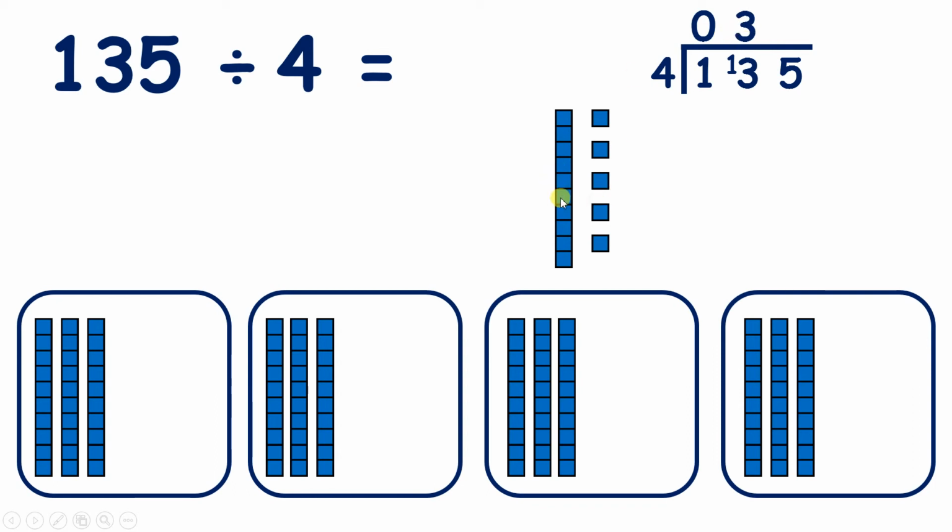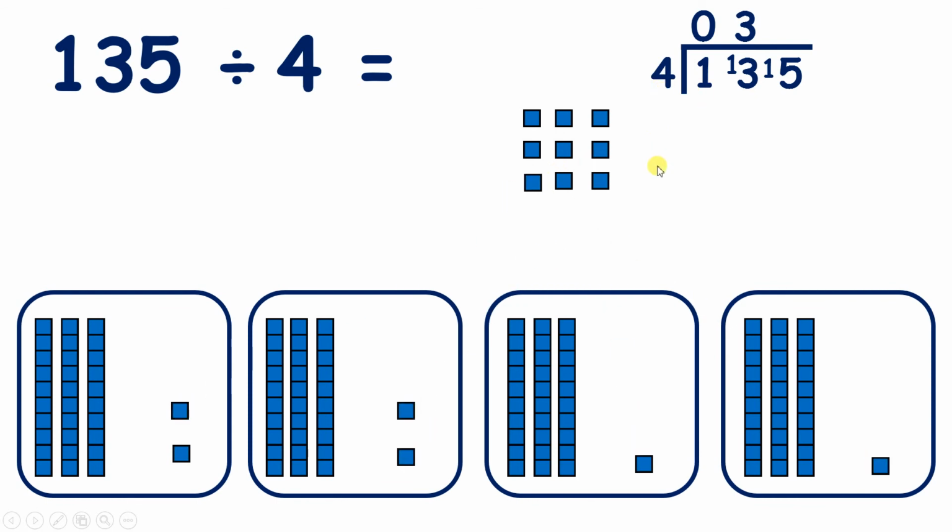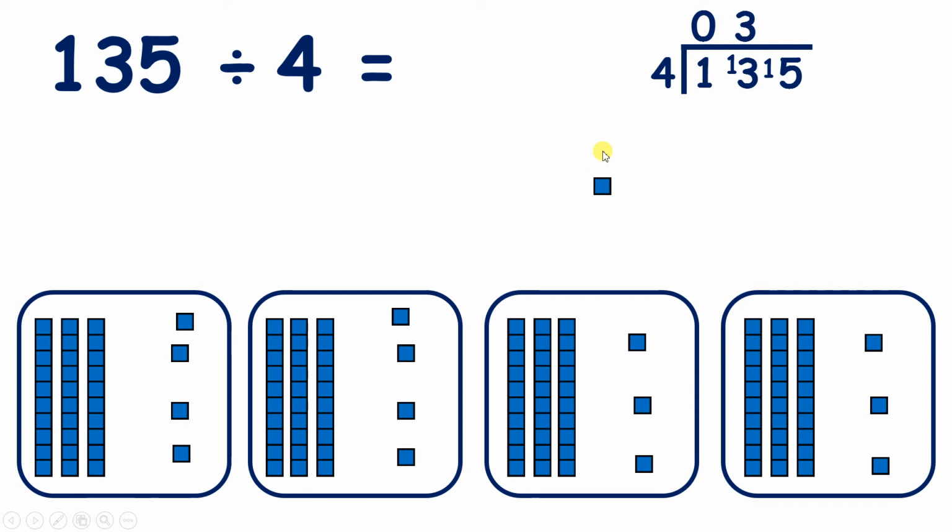And what can we do with our 1 remaining ten? We can exchange it for 10 units, so we now have 15 units in total. So now we need to share out our 15 units between our 4 groups. But we can't share out these 3 units because we can't have fewer units in this group than the other groups.